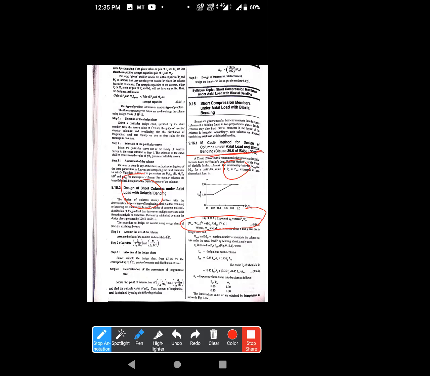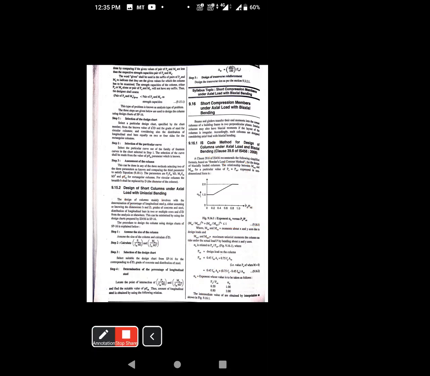If you move to clause number 39.6, you will see all this formula, and for this you have to go for the interpolation value. Ag is nothing but the gross area of the section. Asc is nothing but the total area of steel. Okay, this is the problem.